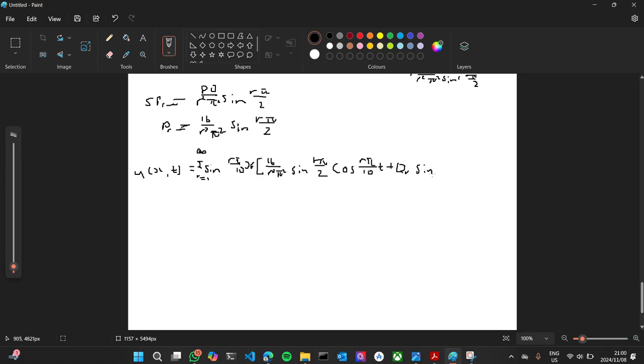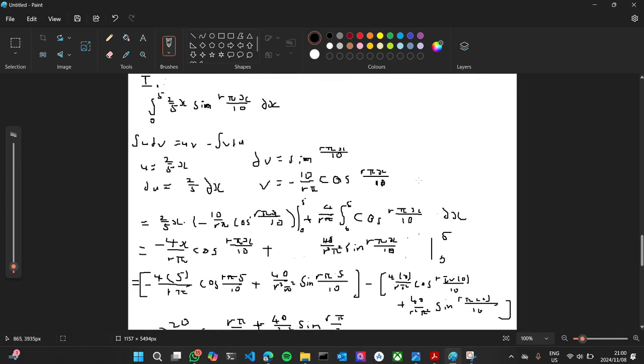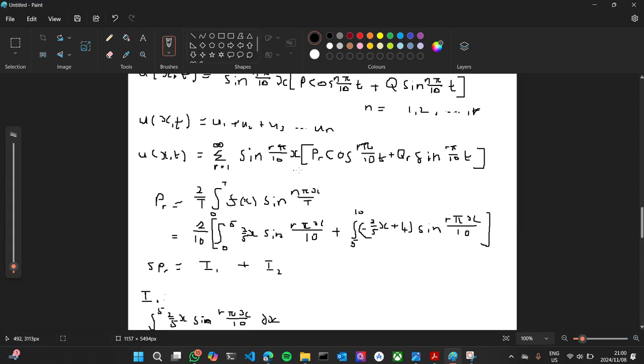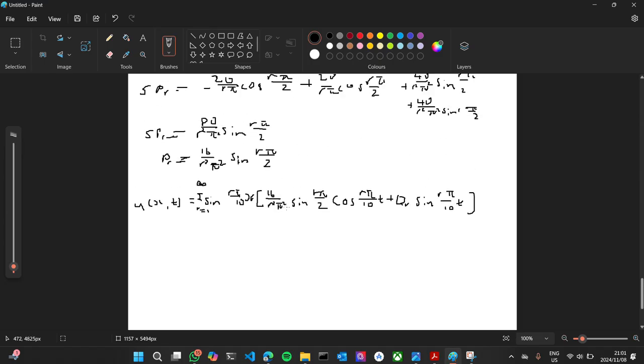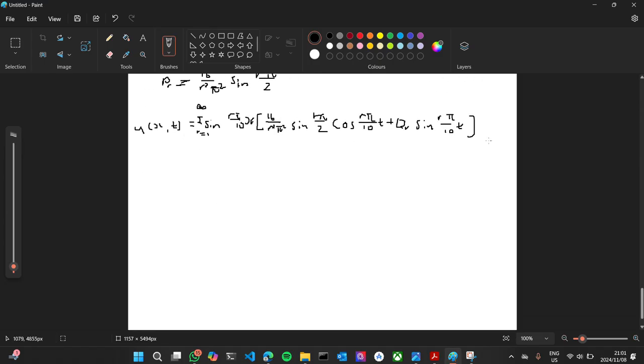Sine r pi over 10t. Just make sure that's fine. Yeah, cool. So this is now the most refined that our solution is.